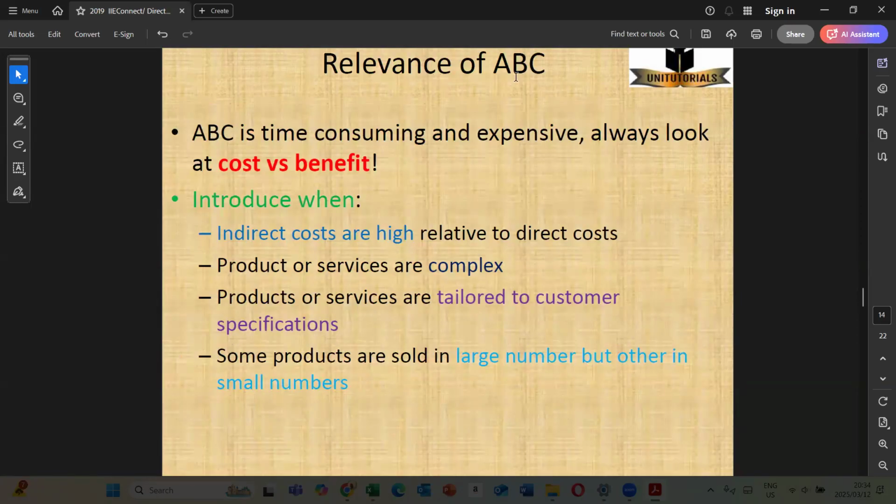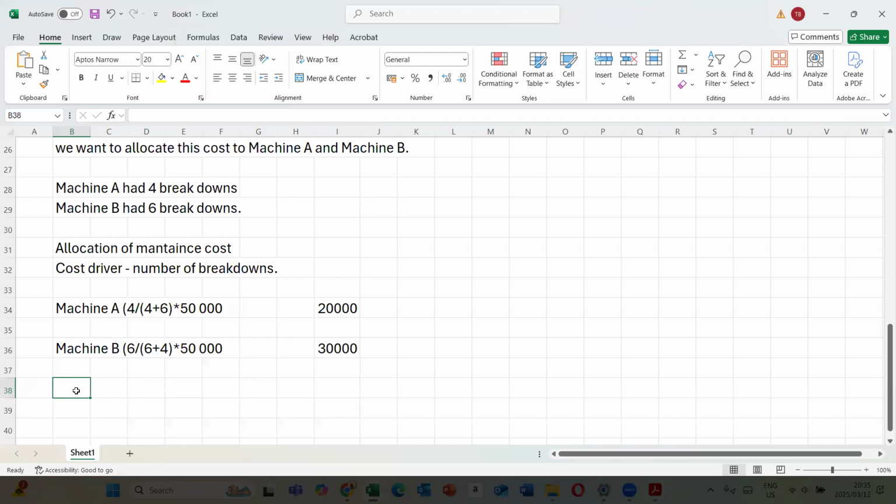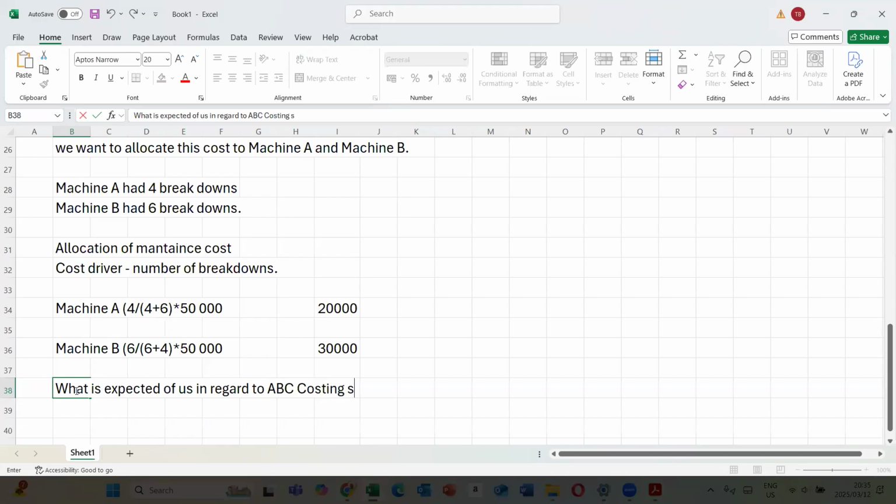ABC, relevance of ABC. There are two things that you need to know about ABC. What is expected of us in regards to the ABC system? One, you are required to understand the advantages and disadvantages of the ABC system.